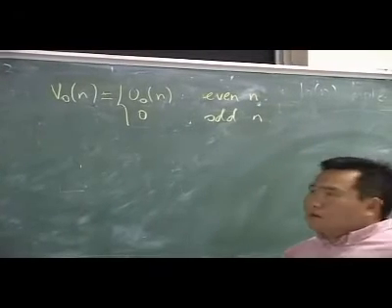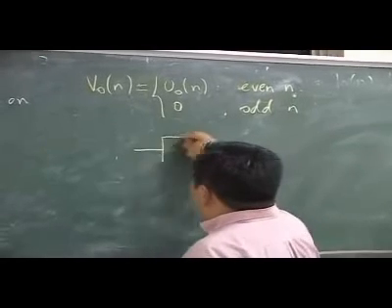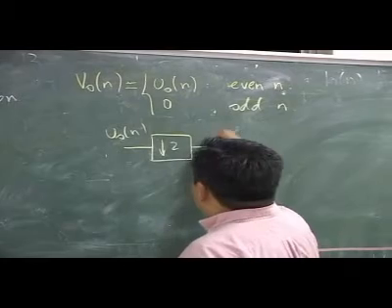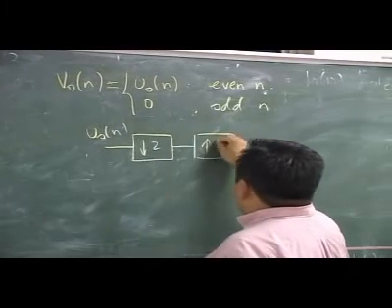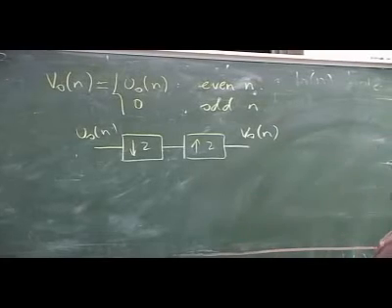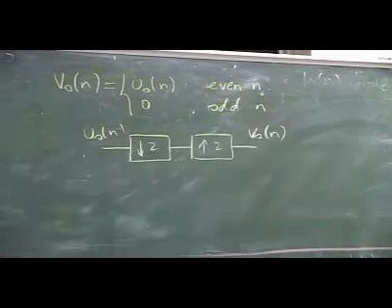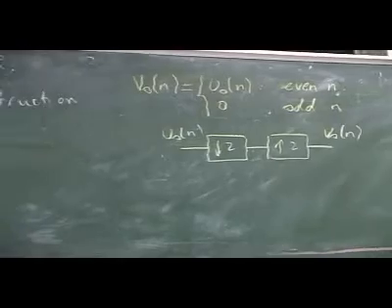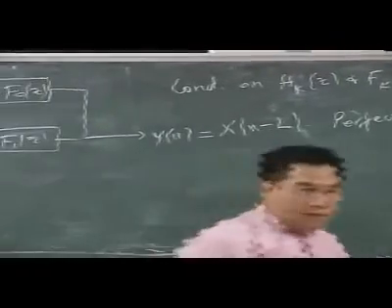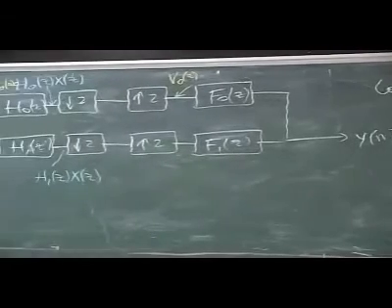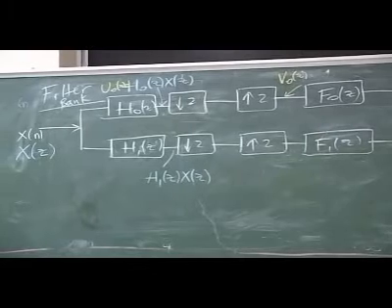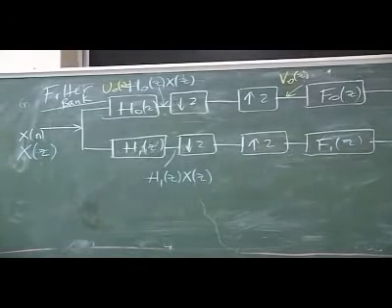Is that clear? So let's draw a block diagram, right? This is U0 of n. Now downsample by 2, then upsample by 2, and you get V0 of n. Going through the cascade of downsampling and upsampling, what happened here? What do you get?